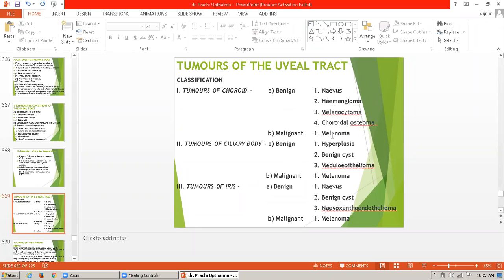And in the B there is a melanoma. So these are the tumors of the choroid. In that benign, that is nevus, hemangioma and melanocytoma, and fourth one is a choroidal osteoma.